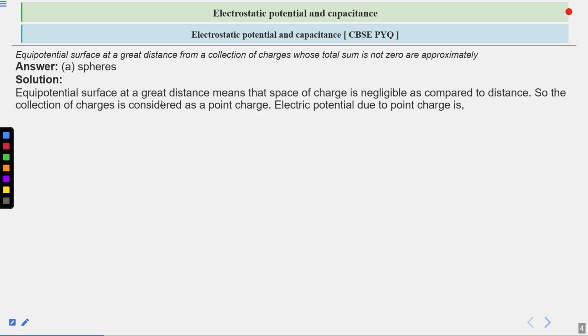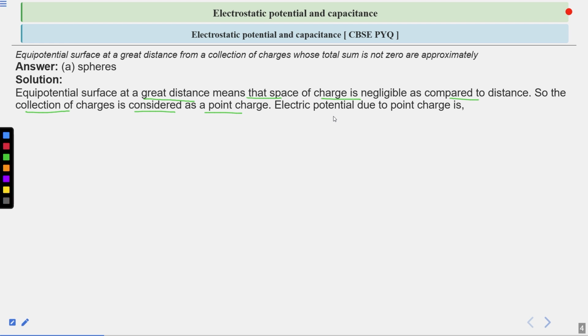Equipotential surfaces at a great distance means that the space of the charges is negligible as compared to the distance. Meaning the space where charges are collected is very small as compared to the distance from where we are viewing this collection of charges. So the collection of charges can be considered as a point charge.